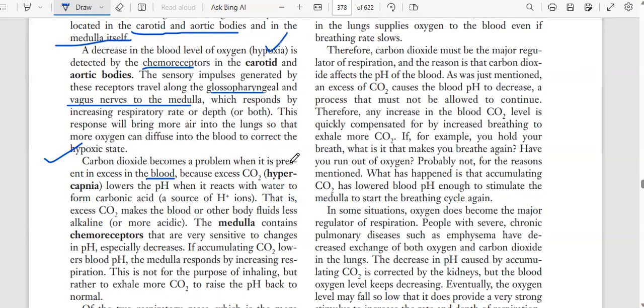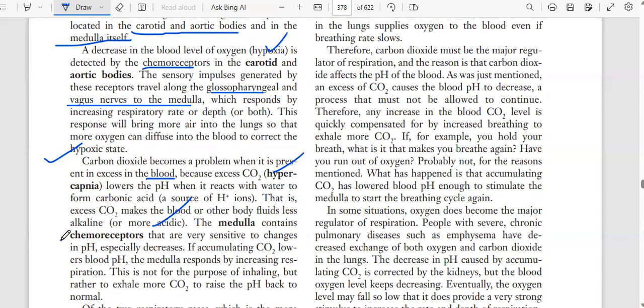More carbon dioxide is hypercapnia. It lowers the pH when it reacts with water to form carbonic acid. If excessive, it makes the blood or other body fluids less alkaline, more acidic. Already I told you that. More carbon dioxide, more hydrogen ions, lower pH. Lower pH means the blood is more acidic.